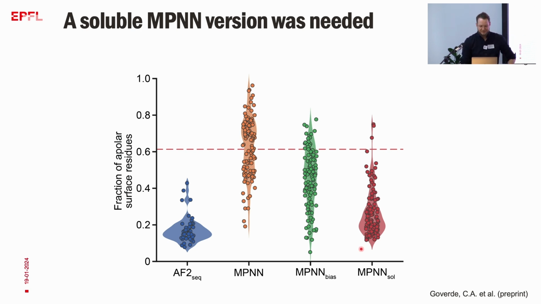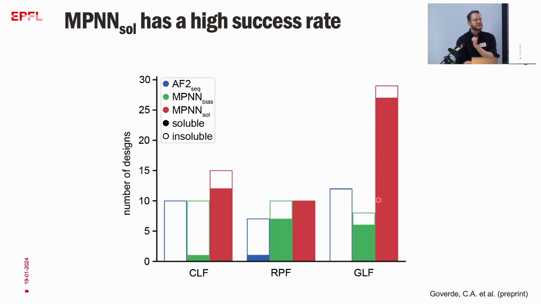So yeah, we got soluble ProteinMPNN, here termed ProteinMPNN sol, and what you can see is indeed now we have a distribution that is generating very soluble proteins. So we selected our best designs based on confidence, RMSD, and sequence diversity, and we ordered them. As you can see, only one of the AlphaFold sequences kind of worked.